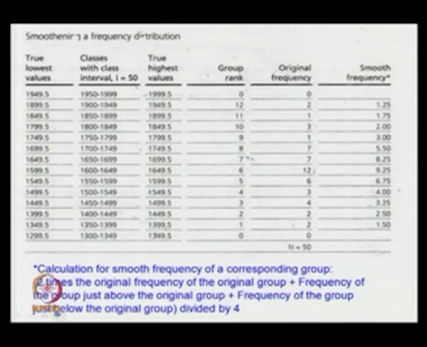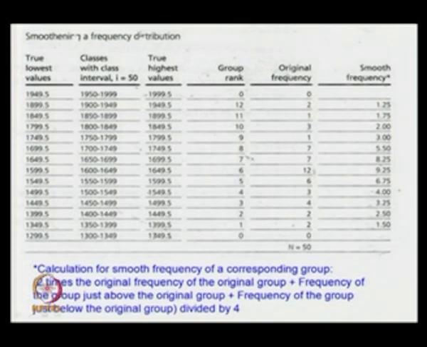How to make the smoothening of the curve? Take the true class intervals, then see in this class interval what the group ranks and the original frequency were.